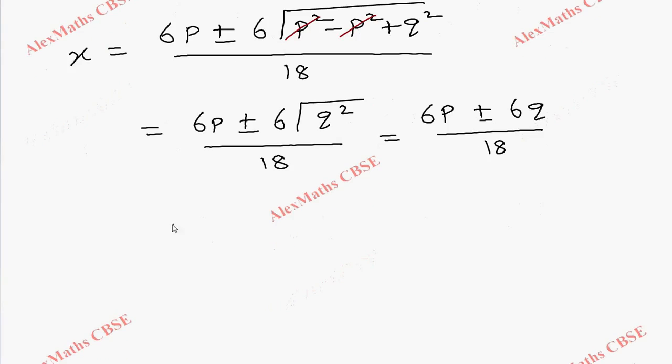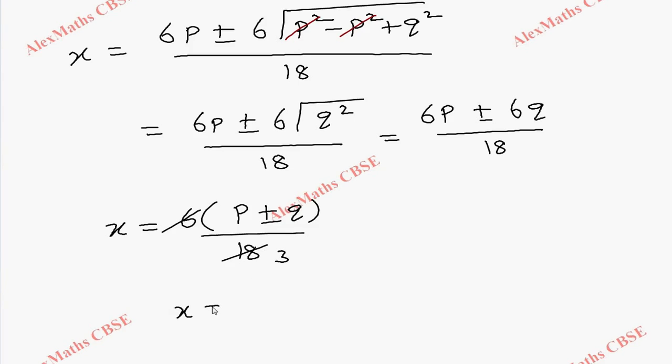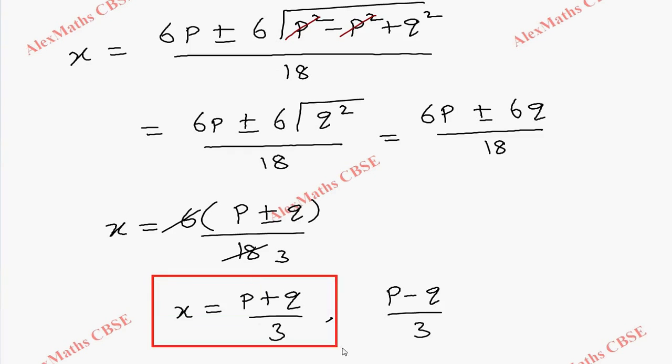We can take 6 common from the numerator, so this will become p plus or minus q whole divided by 18. After cancelling this, this becomes 3. Therefore the value of x is p plus q by 3, and another value is p minus q by 3. So this is the value of x.